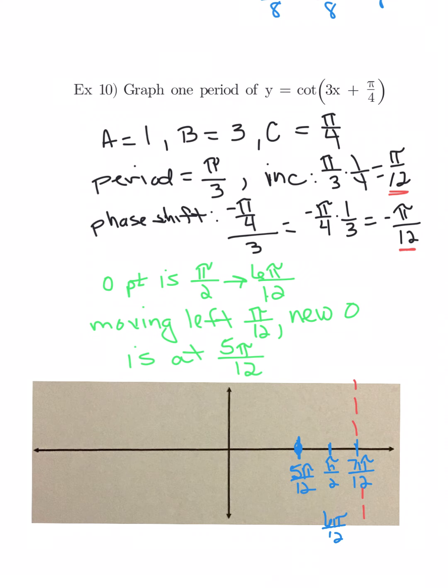Moving to the left, 1 pi over 12 to the left of 5 pi over 12 will be 4 pi over 12, which equals pi over 3. And the second one to the left will be 3 pi over 12, which is pi over 4.